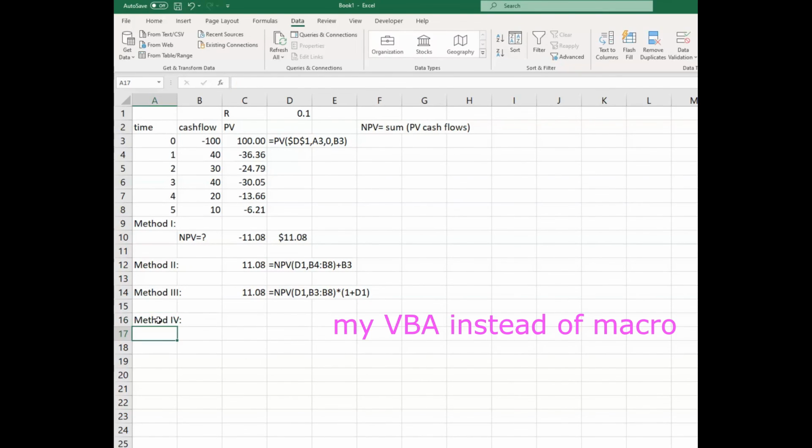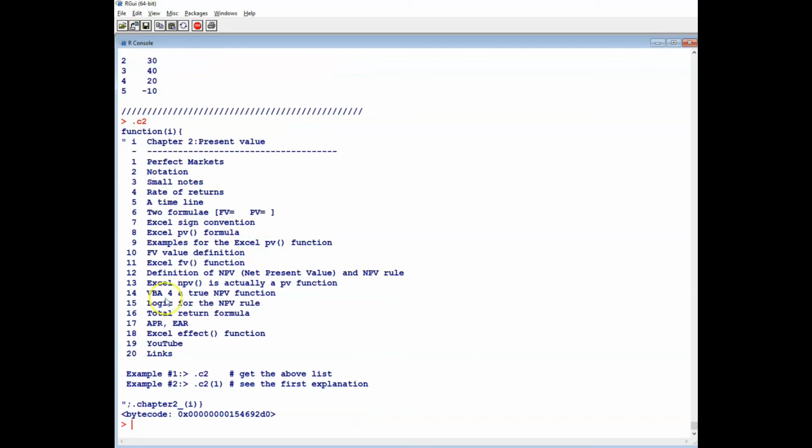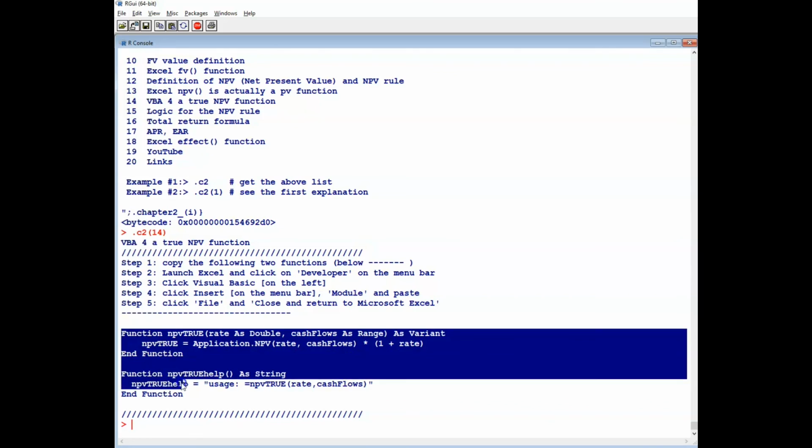And we have method 4. Method 4 is simply using my Excel macro. Let's go back to R. Let's see C2. This is a true NPV function. Then simply copy and paste.